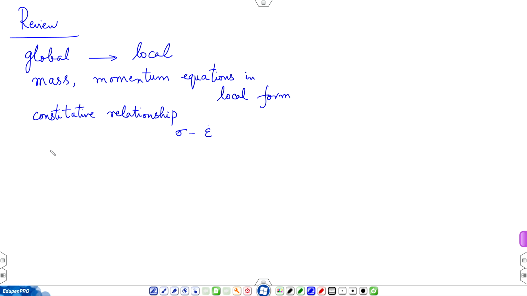So, specifically we considered a linear relation as applicable for Newtonian fluids, giving rise to viscosity as a material property.